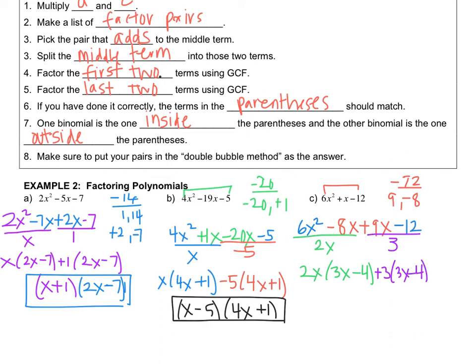All right, one binomial is the outside terms, 2x plus 3, and the other binomial is the term inside, which is 3x minus 4. And as always, you can multiply these out and confirm that you get the original trinomial. If you have any questions, write them down and ask me when you come to class.